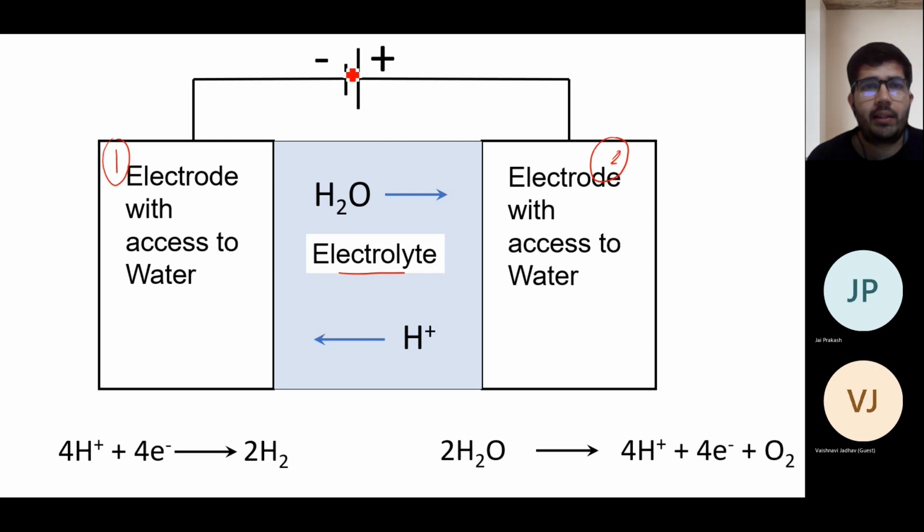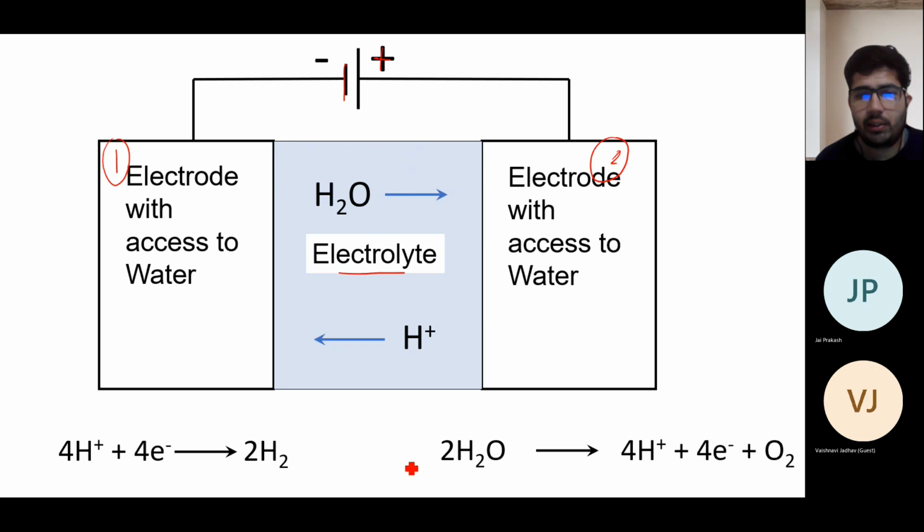On the outside you can see the external circuit with a negative terminal and a positive terminal. The positive terminal is connected to one electrode and the negative to the other. Of the two electrodes, one is the anode and the other the cathode. The anode is where oxidation is happening, and the cathode is where reduction is happening.